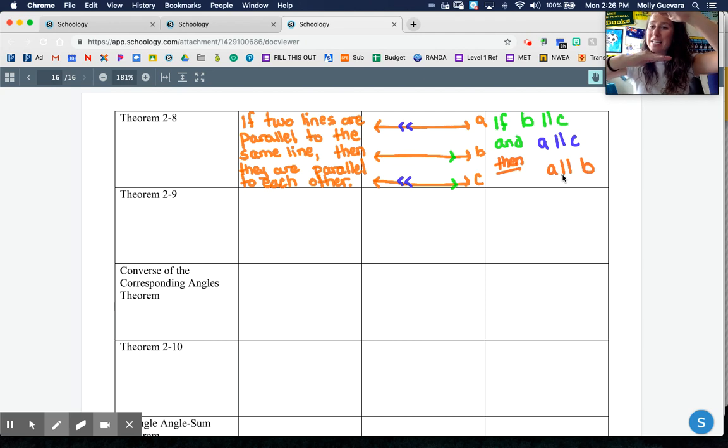That means that C is parallel to both B and A, which means A and B also have to be parallel. So that's where that one comes from.